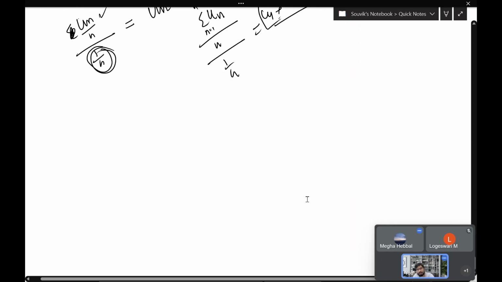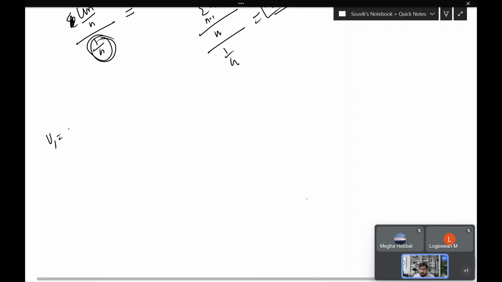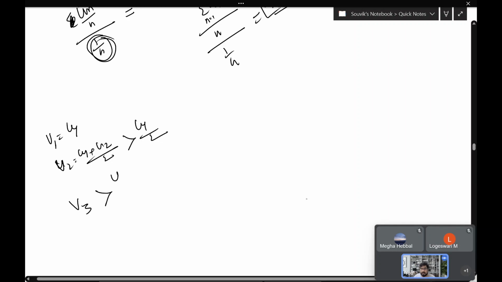So here is a very small trick. It's just a matter of observation. Observe that v1 is equal to u1. v2 is equal to (u1 plus u2) by 2, which is greater than u1 by 2. v3 is similarly greater than u1 by 3, right?